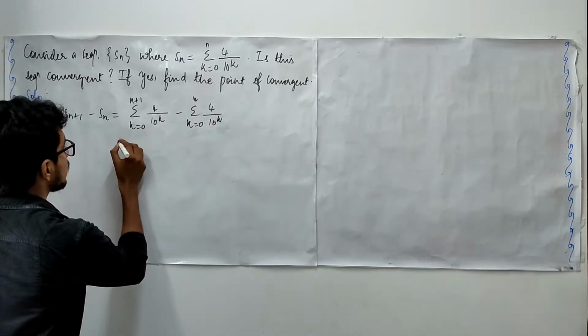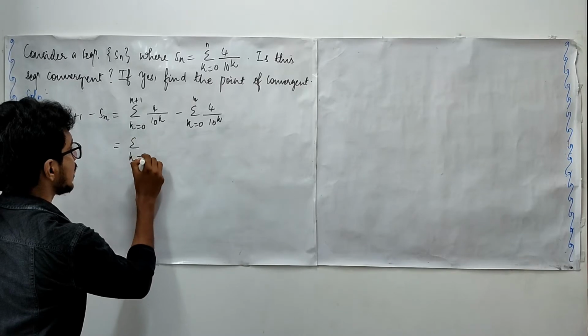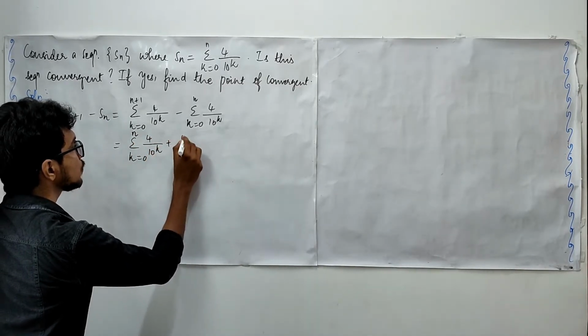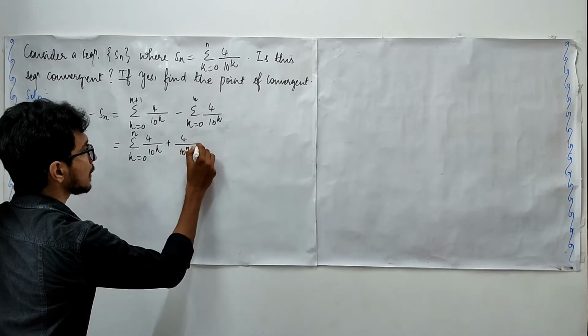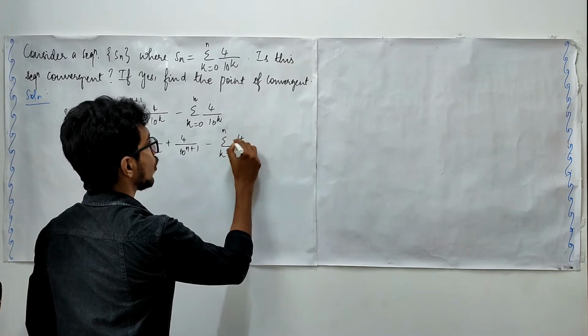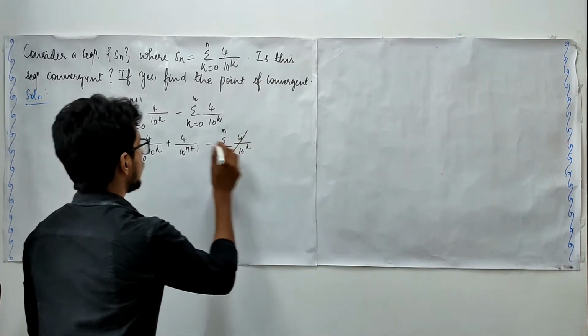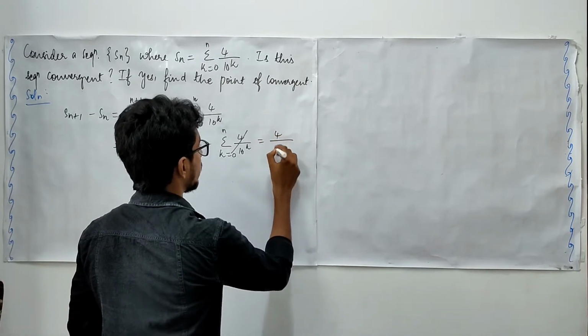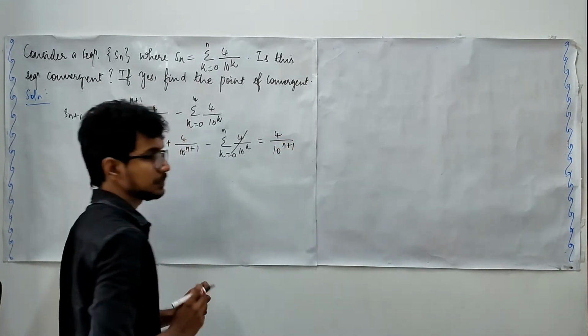So this quantity we may write as summation k runs from 0 to n of 4 upon 10 power k plus 4 upon 10 power n plus 1, minus summation k runs from 0 to n of 4 upon 10 power k. So this quantity gets cancelled and we are left with only 4 upon 10 power n plus 1.